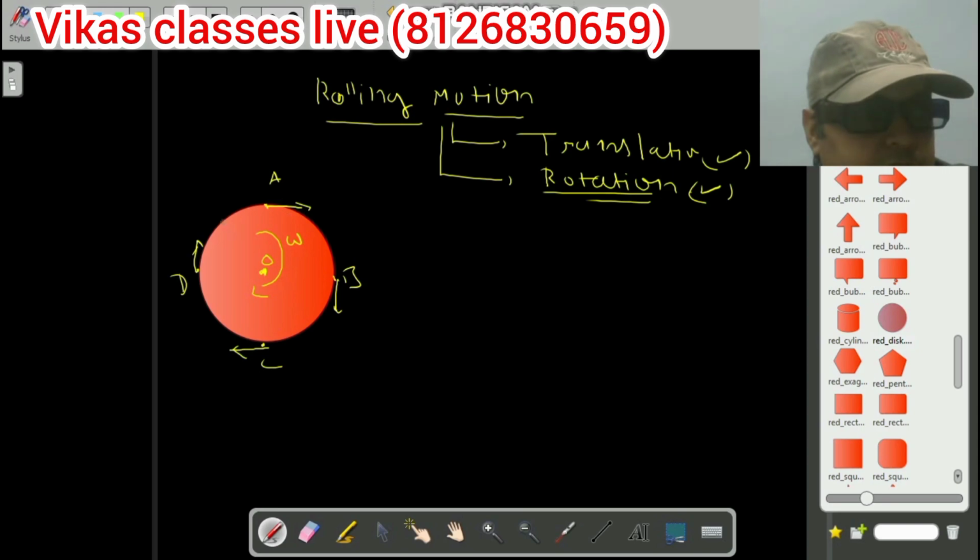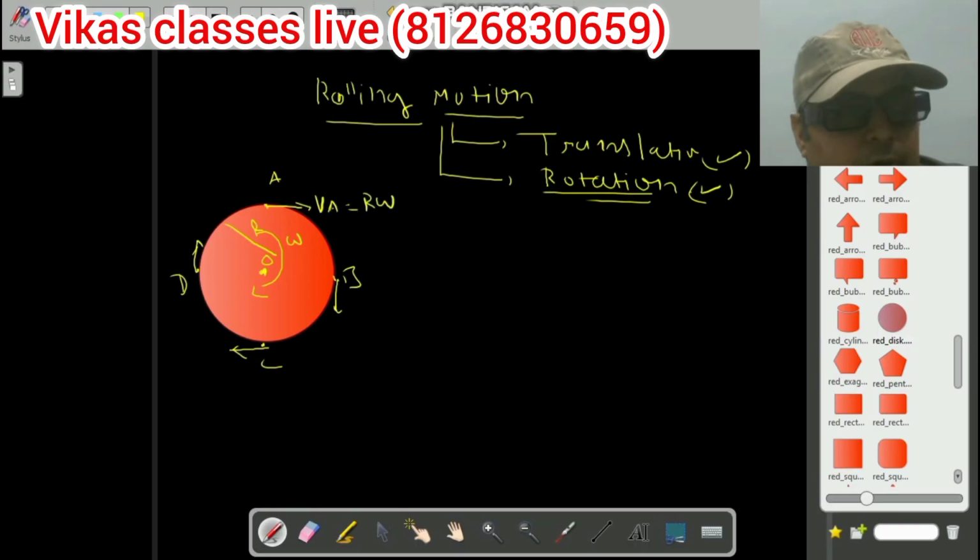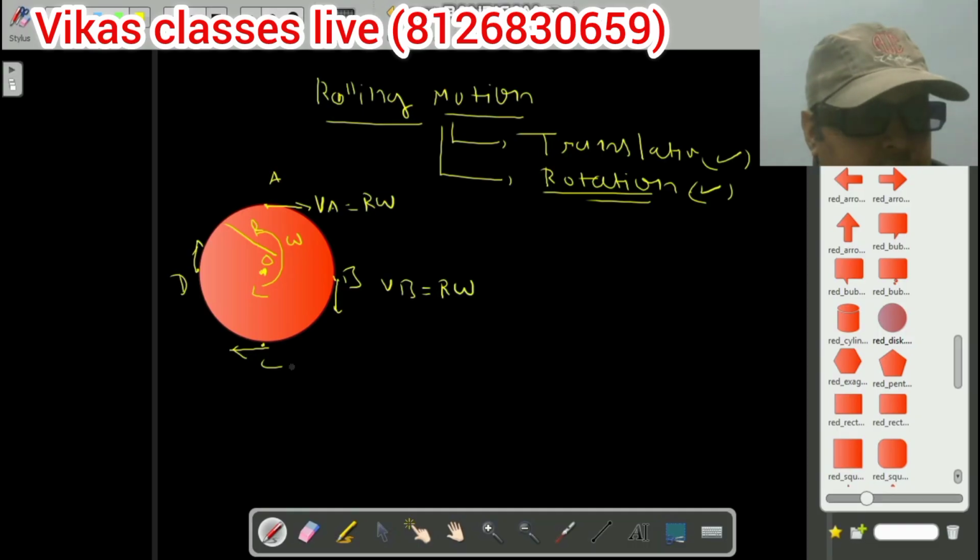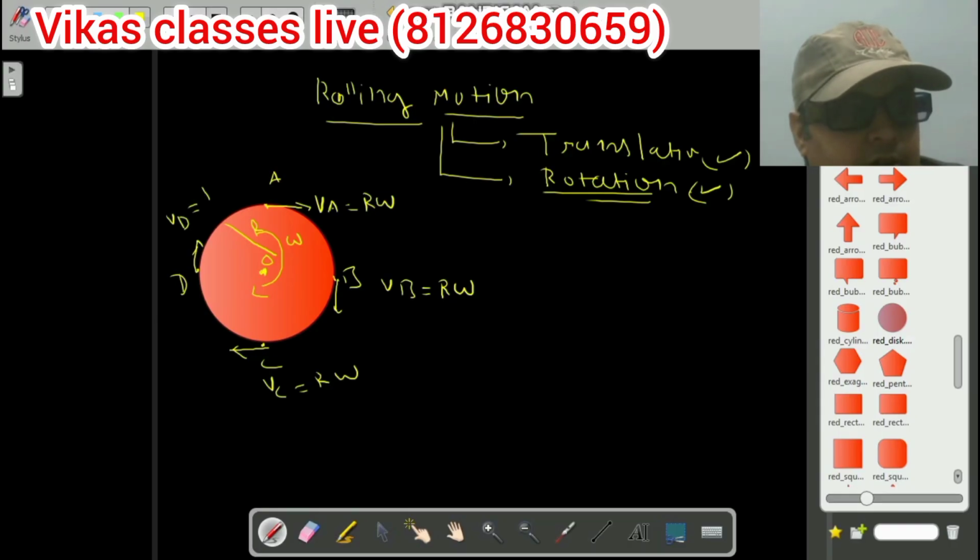The radius of this circular disc is considered to be capital R. VA is equal to R omega, VB is equal to R omega, VC is equal to R omega, and VD is equal to R omega.